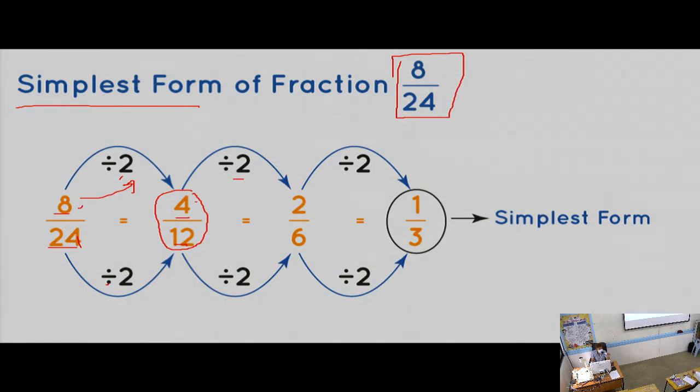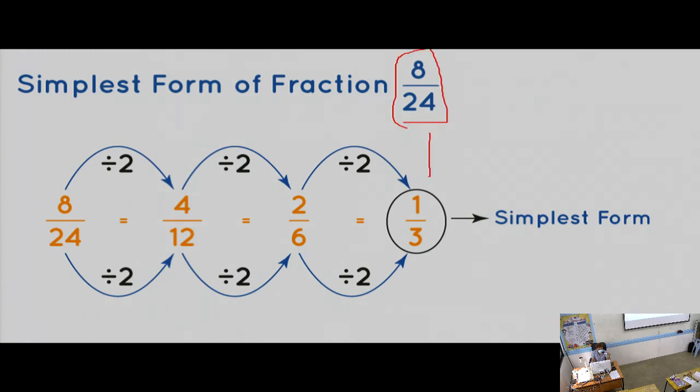So 4 divided by 2 is 2, and 12 divided by 2 is 6. But 2 over 6 is still not the simplest form. It can still be divided by 2. So 2 divided by 2 is 1, 6 divided by 2 is 3. That's why the simplest form of 8 over 24 is 1 over 3.